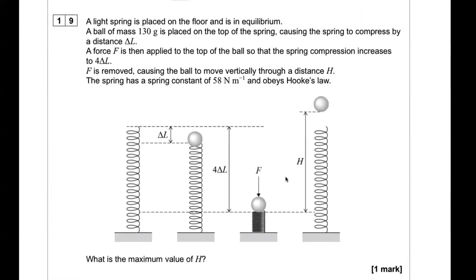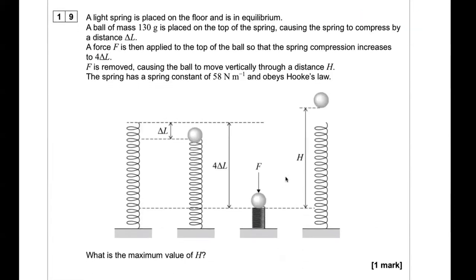A light spring is placed on the floor and is in equilibrium. A ball of mass 130 gram is placed on the top of the spring, causing the spring to compress by a distance delta L. A force F is then applied so that the spring compression increases to 4 delta L. And I know that if it's obeying Hooke's law, just as it would be for 4 times the extension, the force must also be 4 times as much.